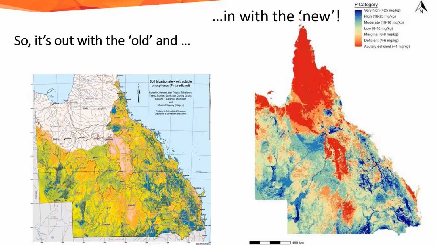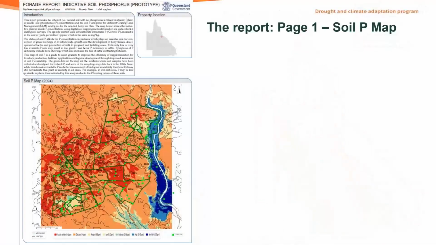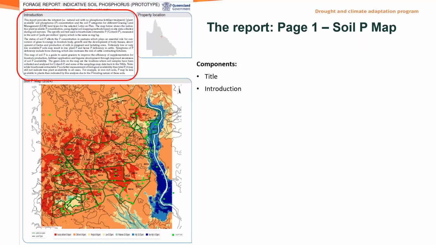So let's dive into that a little bit further. Our report, once you get it, you'll see this on page 1. We'll have a title. We'll have an introduction. Introduction will relate why we're doing the soil phosphorus report.